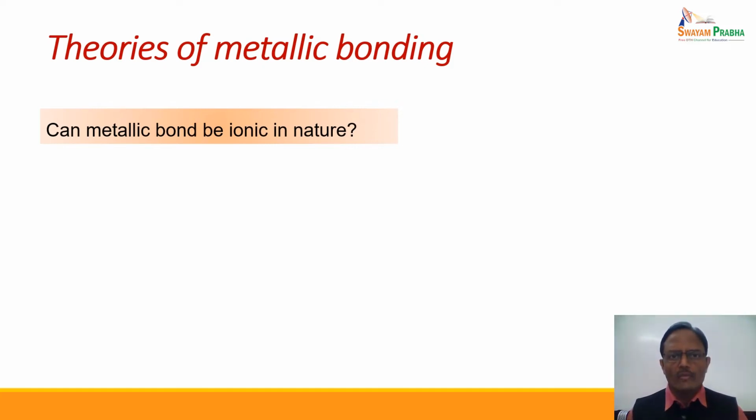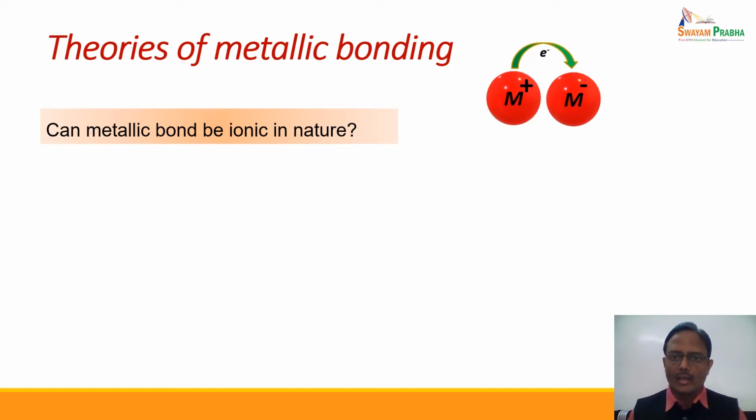Now, whenever we want to discuss metallic bonding, the first question that comes to my mind is, what is the type of force of attraction which binds all the metal atoms together in the metallic crystal? Now, can the metallic bond be ionic in nature? In order to form an ionic bond, there is a necessity that there has to be an electron transfer from one atom to another atom.